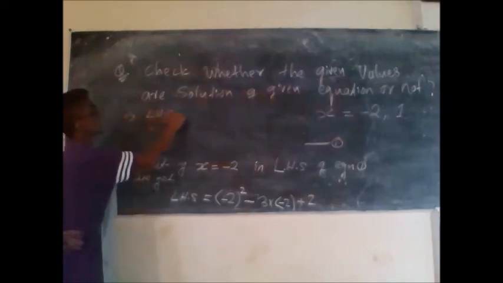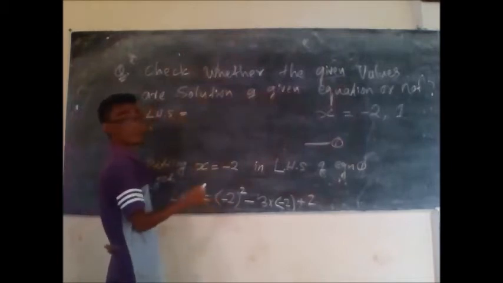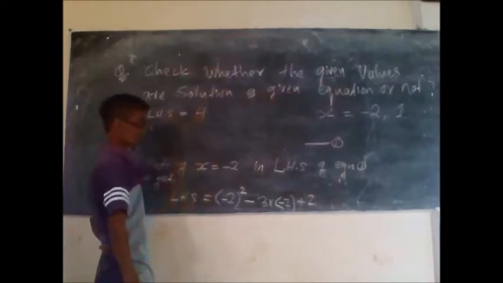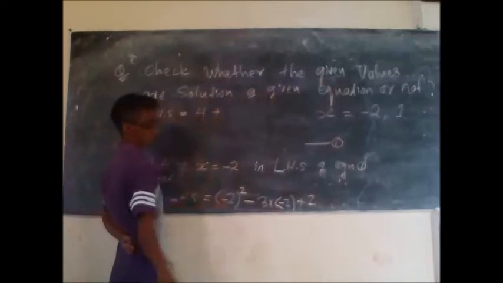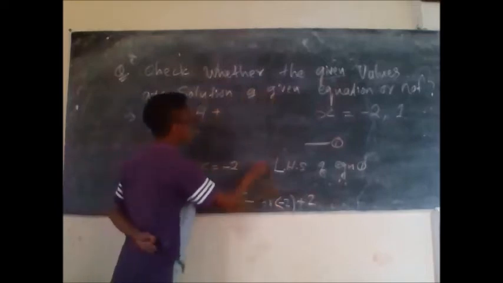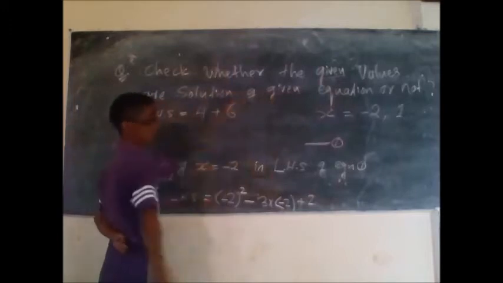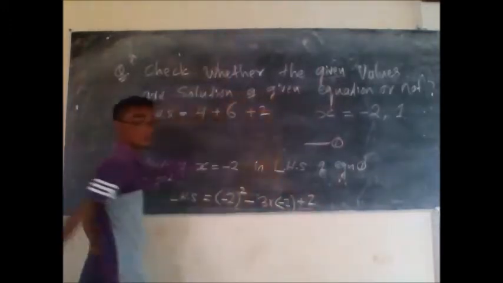The left hand side equals minus 2 square, which is 4, then minus 3 multiplied by minus 2, which is plus 6, and the last one is plus 2.